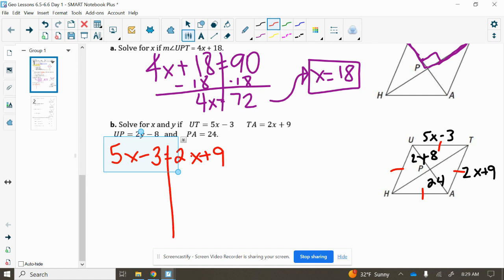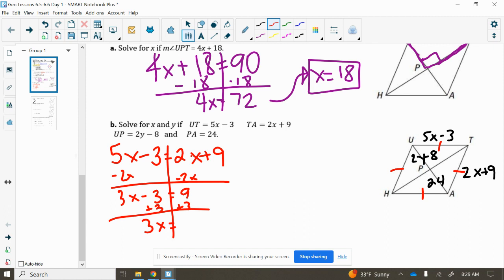So in order to solve for x, we can start by subtracting 2x from both sides. 3x minus 3 equals 9. Add the 3. 3x is 12. So divide by the 3. X is 4 this time.